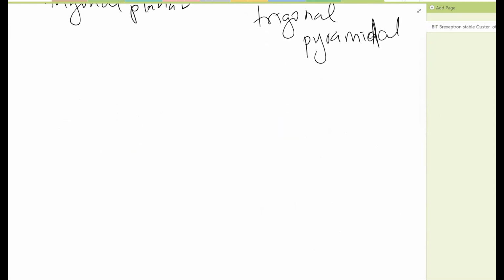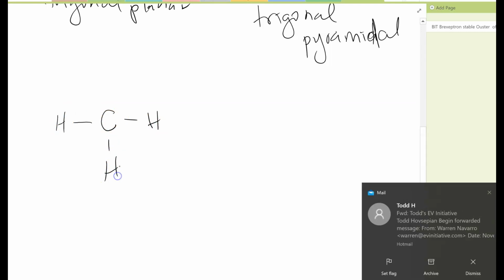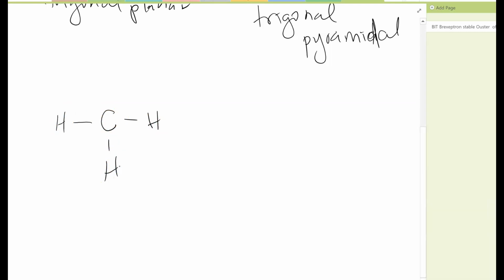All right. Then we have a central atom with 4 atoms bonded to it. So let's look at something like CH4. This is called tetrahedral. Tetrahedral is a central atom with no lone pairs, but there are 4 bonds, and these angles are 109.5.